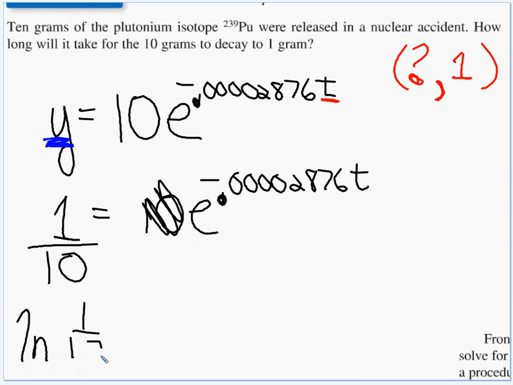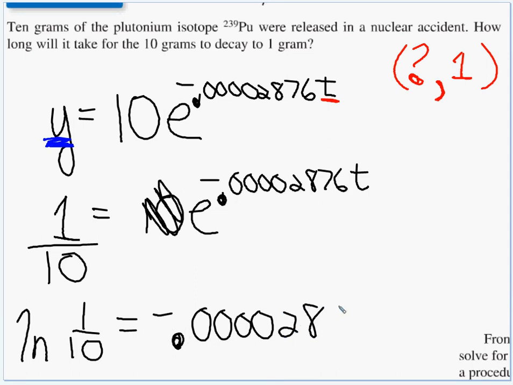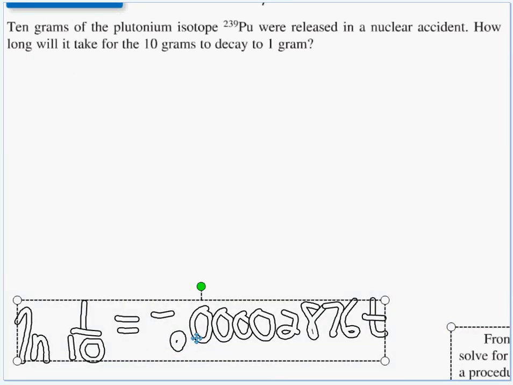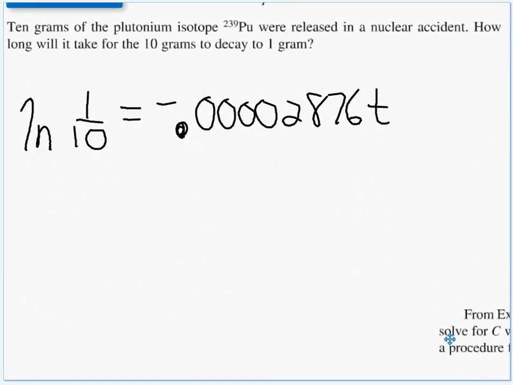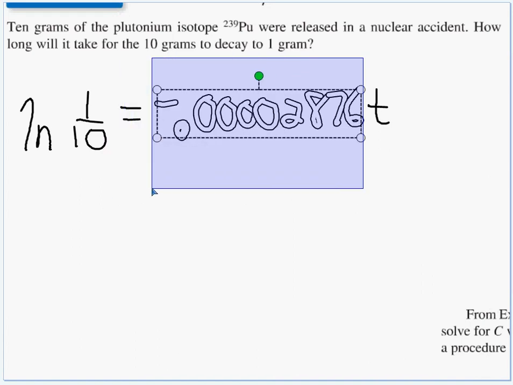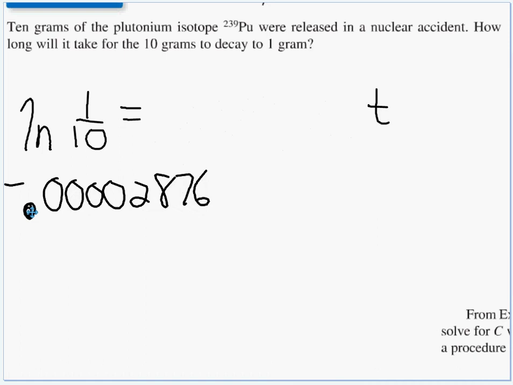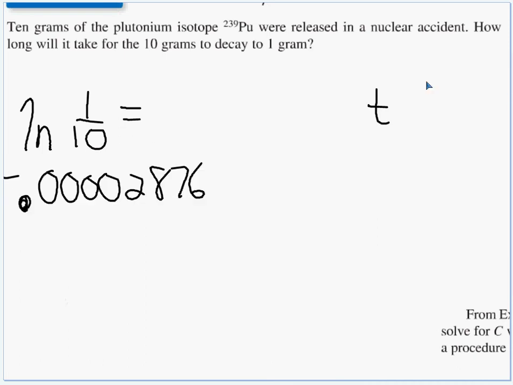Natural log of 1/10 is equal to negative 0.0002876t. Now we're going to divide both sides by this very small negative decimal.